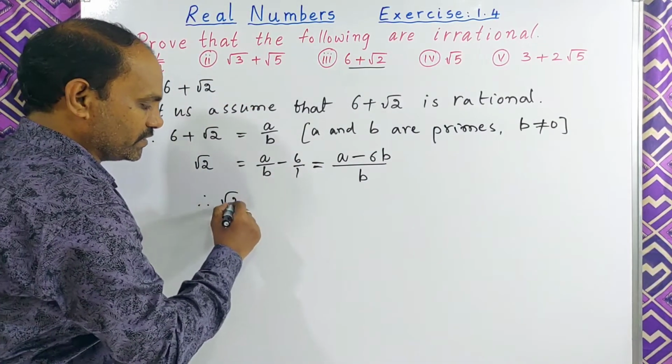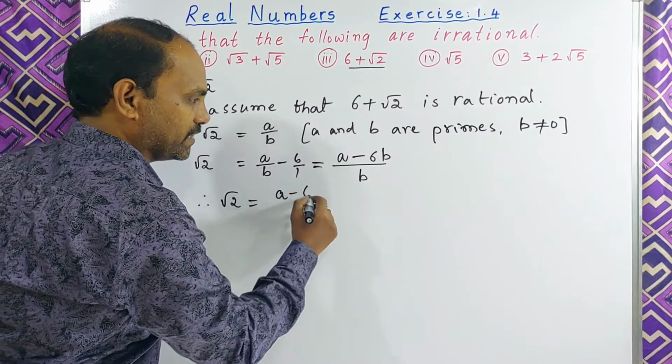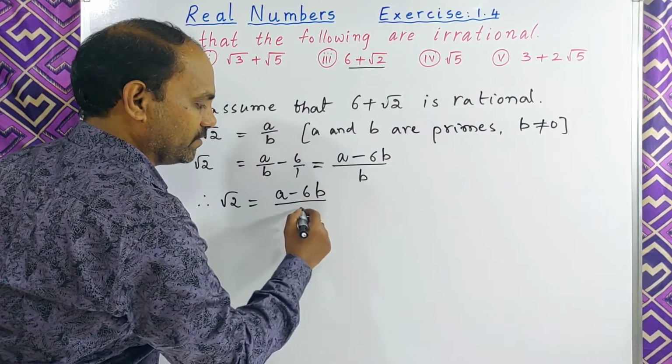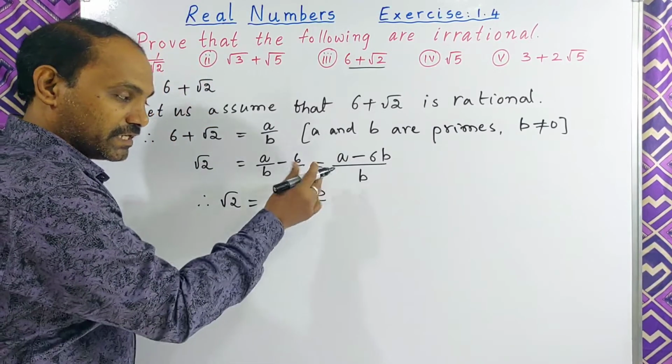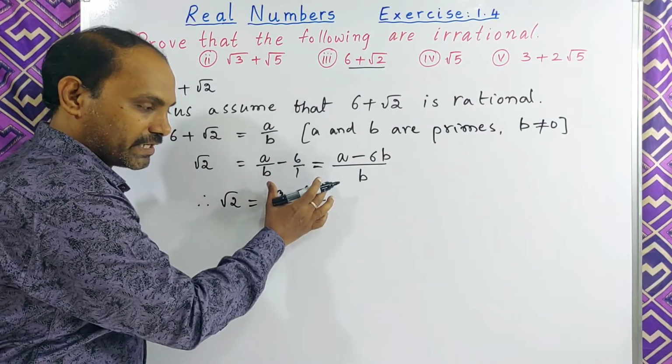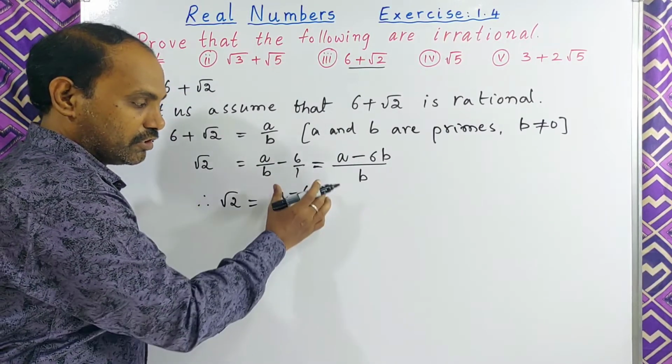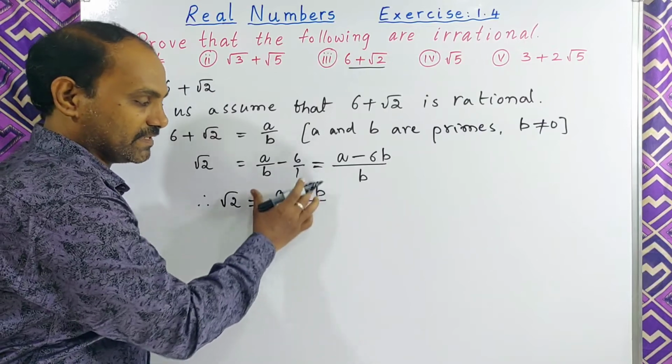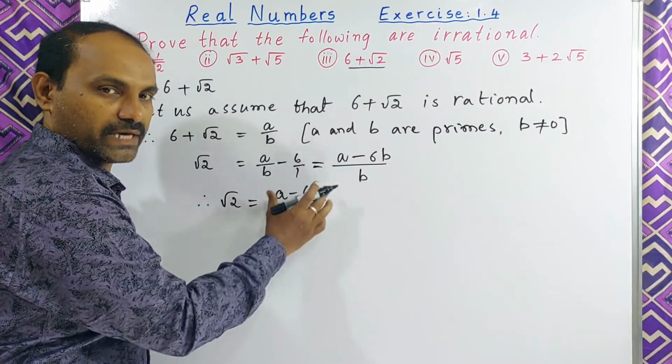Therefore root 2 is equal to a minus 6b by b, which is numerator by denominator. Numerator by denominator means this one is a rational number.